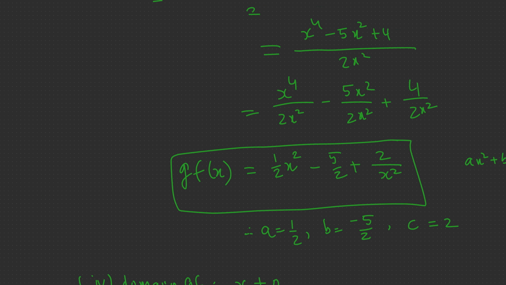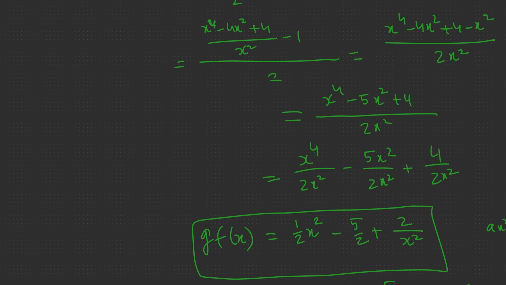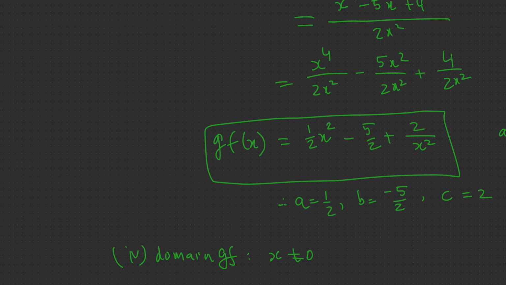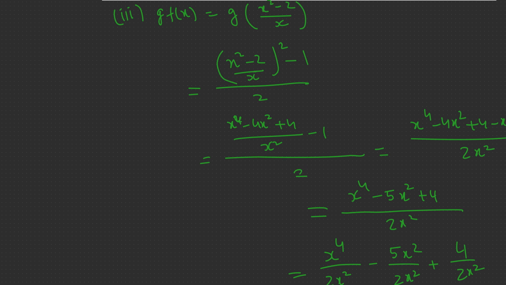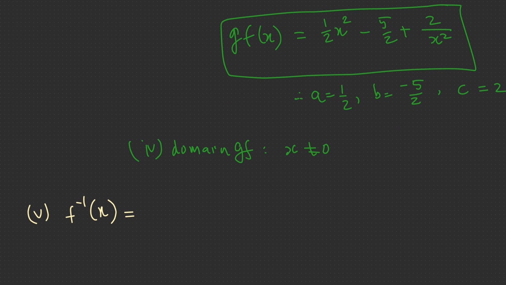Okay, so for the fifth part, this is saying show that f inverse of x is equal to (x plus square root of x squared plus 8) over 2.